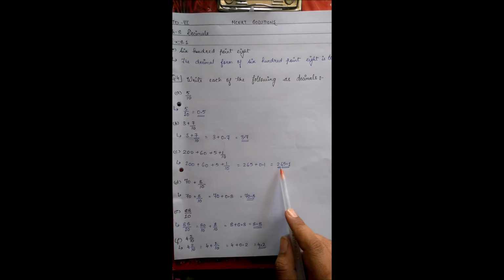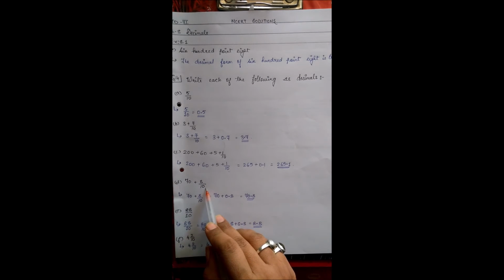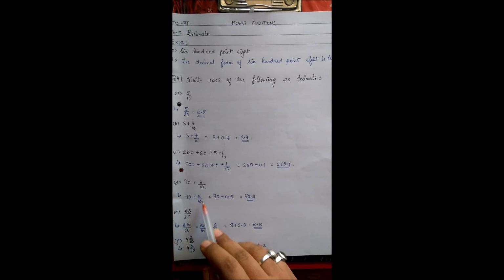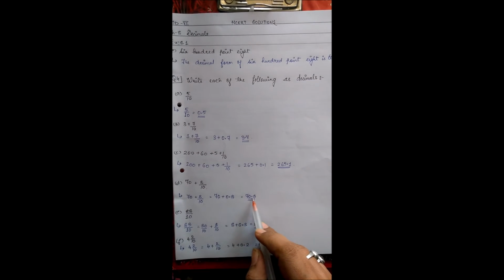So 265.1. 70 plus 8 upon 10 can be written as 70 plus 0.8. That is 70.8.